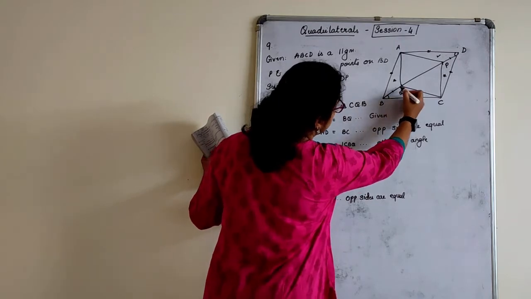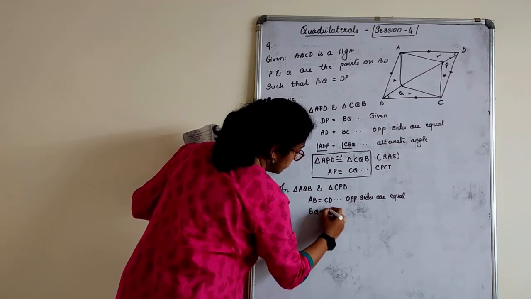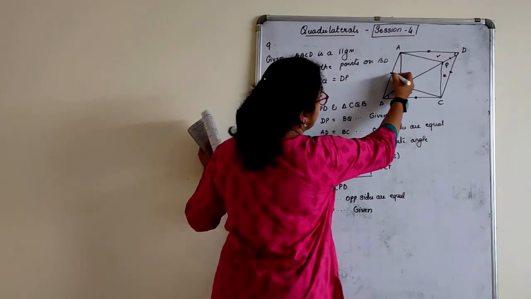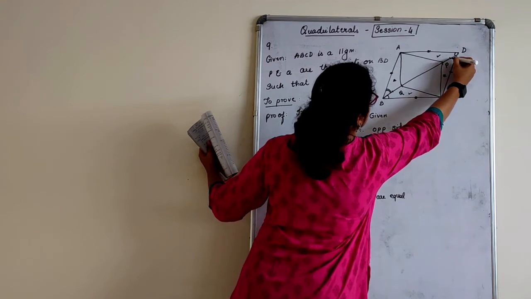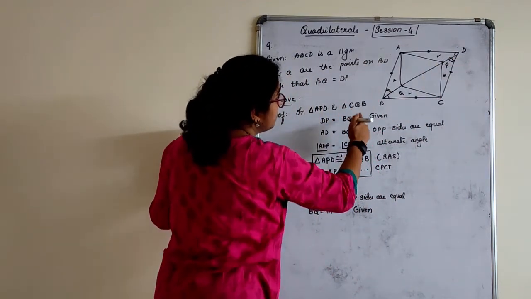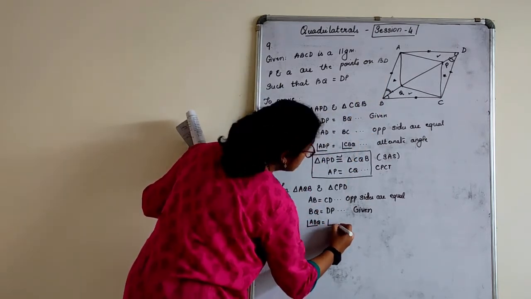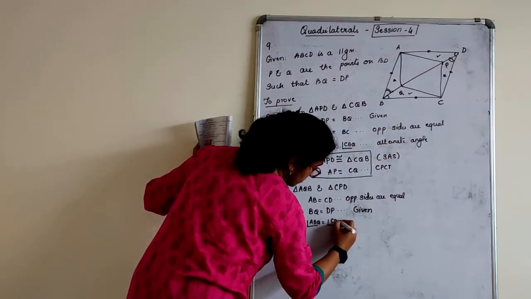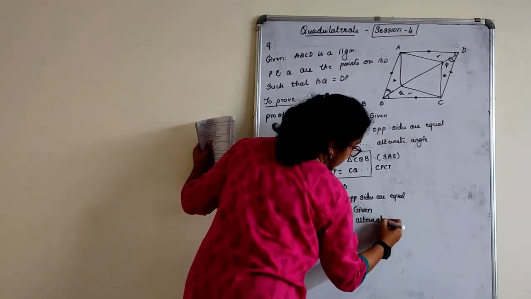Next, I can choose BQ is equal to DP, given. So again, this side is over. Can I say that this angle is equal to this angle? Alternate angles. Angle ABQ is equal to angle CDP, alternate angles.